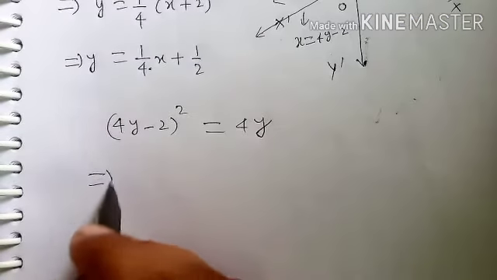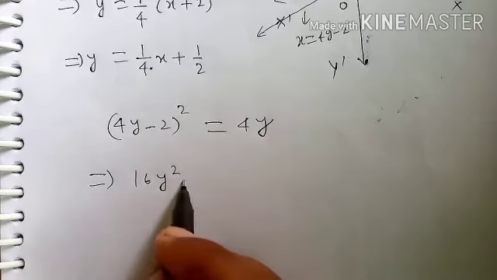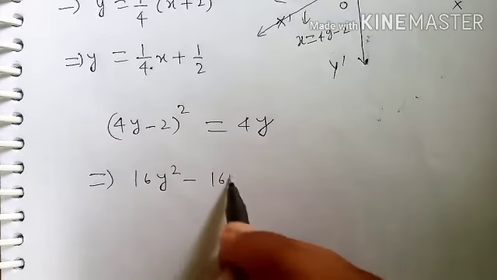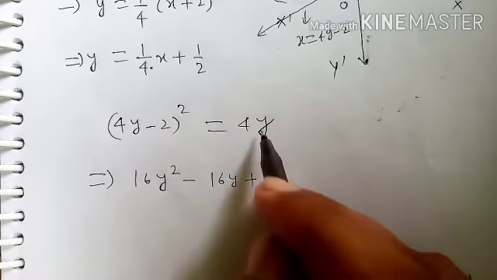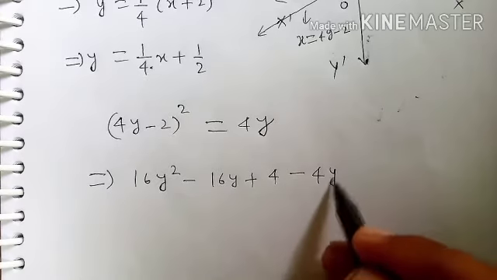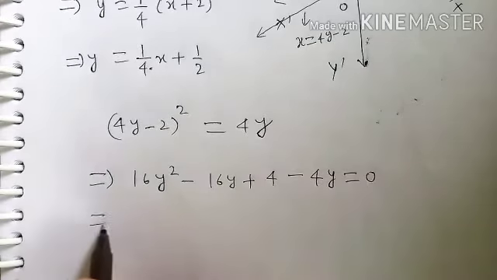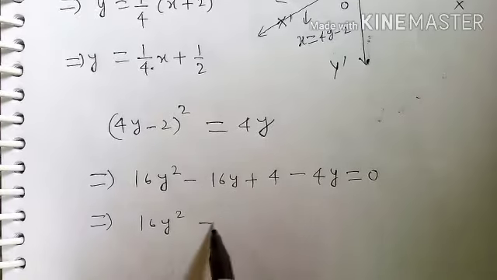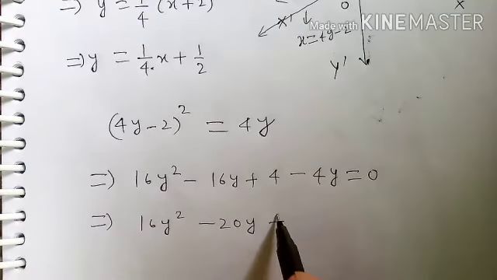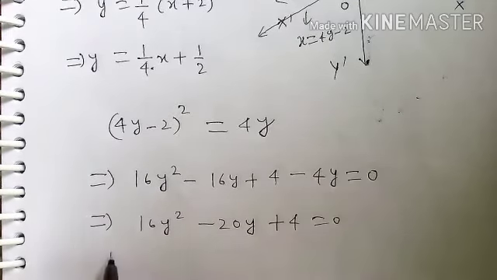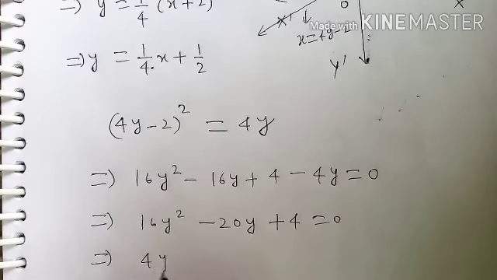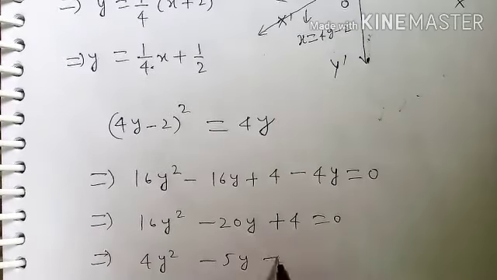Then we have 16y square minus 16y plus 4. 4y is transferred to LHS. Here we have 16y square minus 20y plus 4 is equal to 0. We can take 4 common, then we have 4y square minus 5y plus 1 is equal to 0.